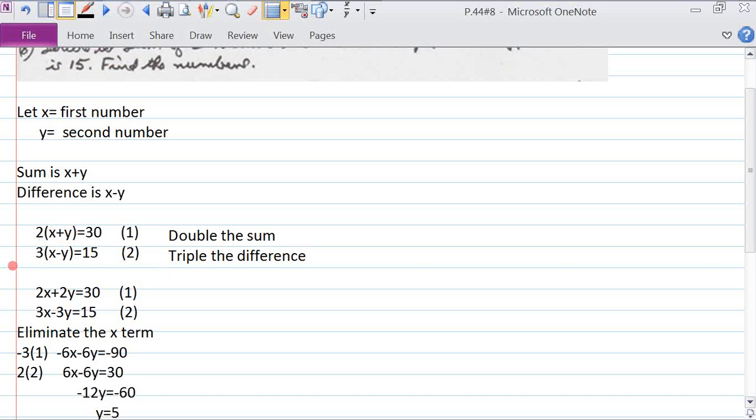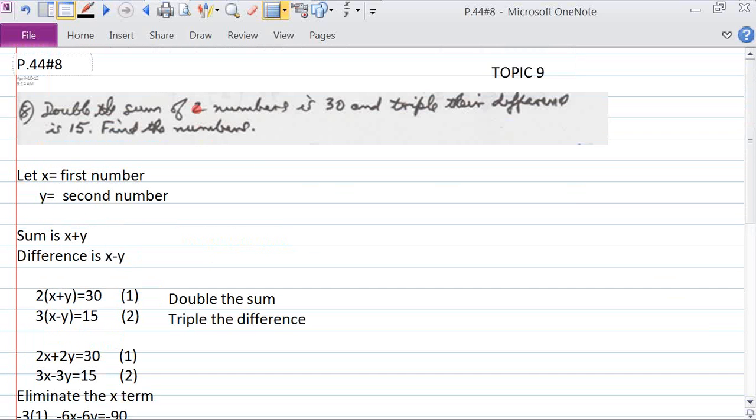Triple the difference means that you're going to take the difference and multiply it by 3. And in the problem, you're told double the sum of the numbers is 30. And triple, 3 times their difference, is 15.